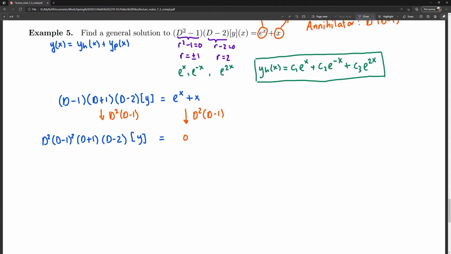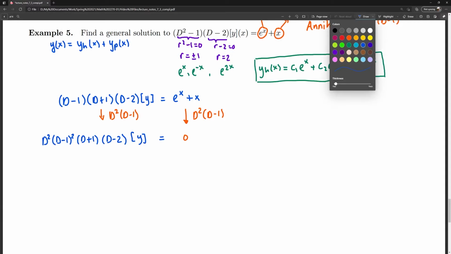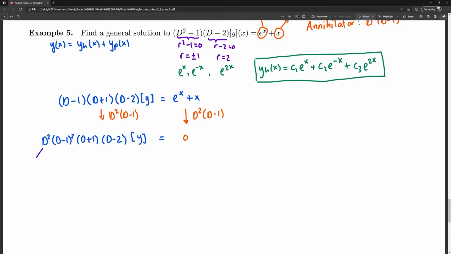So let's take a look at the parts of the differential equation. So D squared, that translates to r squared equals 0. So that's r equals 0, and the multiplicity is 2.